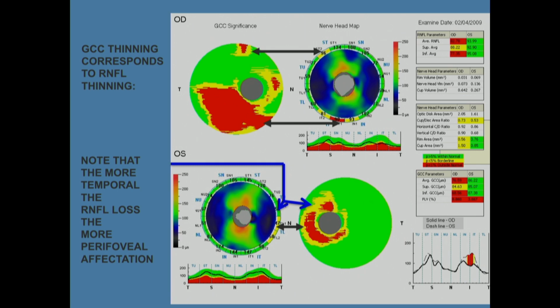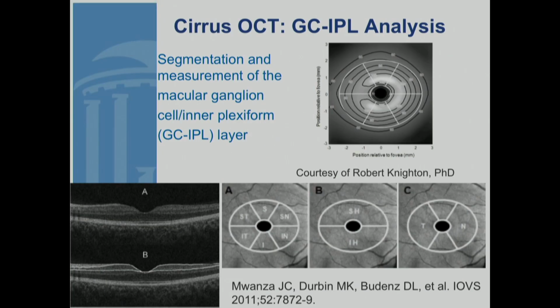These cell bodies are connected to the axons that make up the retinal nerve fiber layer that we just saw that was lost. And even in the left eye, we see some loss of ganglion cell complex corresponding possibly to that borderline axonal loss.